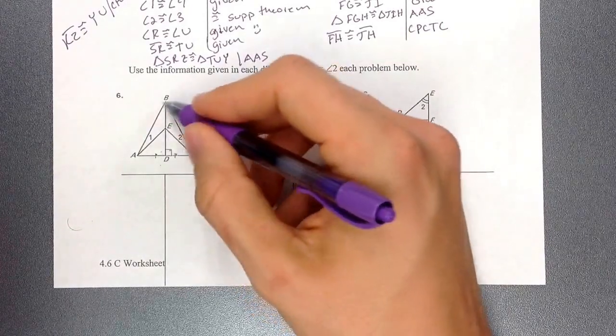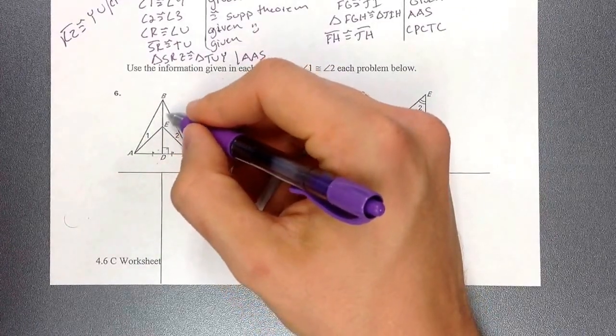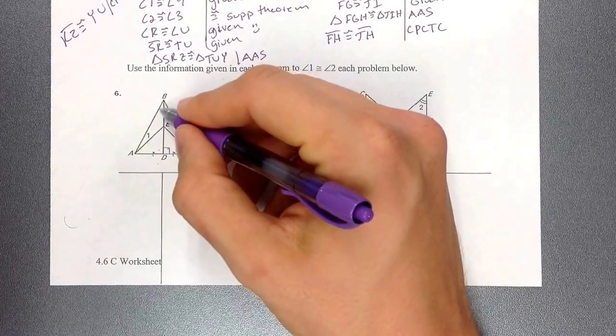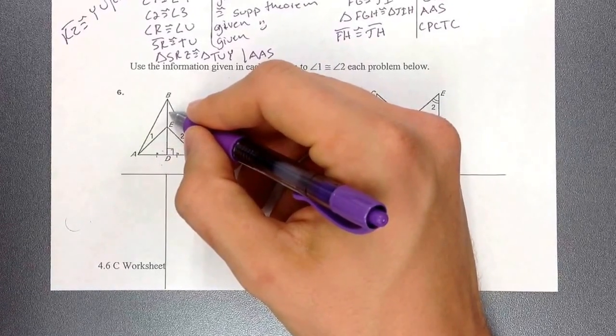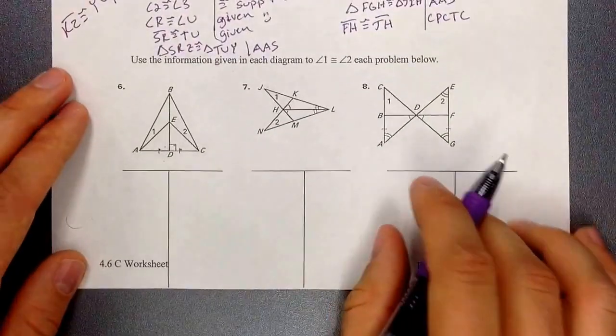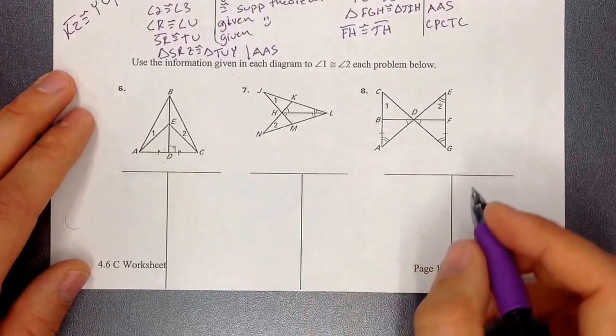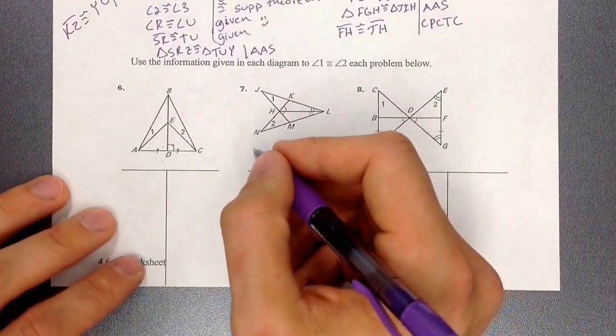It's going to make my big triangles congruent. Once I get my big triangles, I can CPCTC off this side, I can CPCTC this angle, and they share this side. And that'll allow me to call those two little triangles congruent, at which point I can CPCTC off angle 1 and angle 2. Here we go.